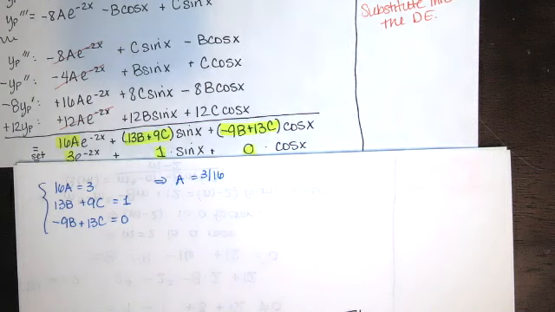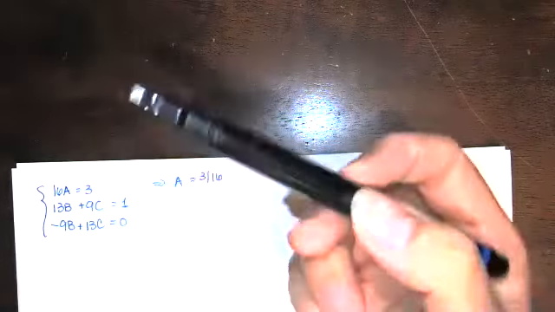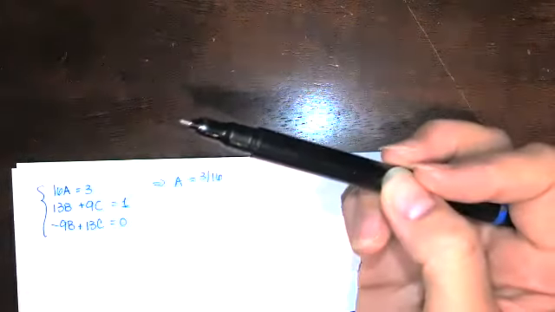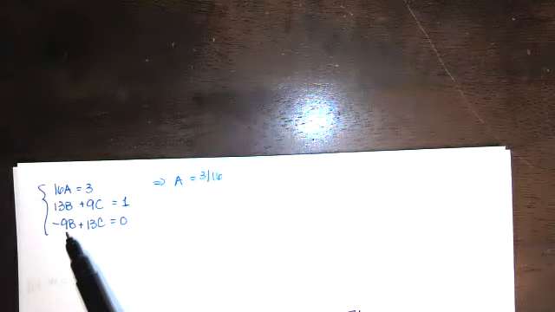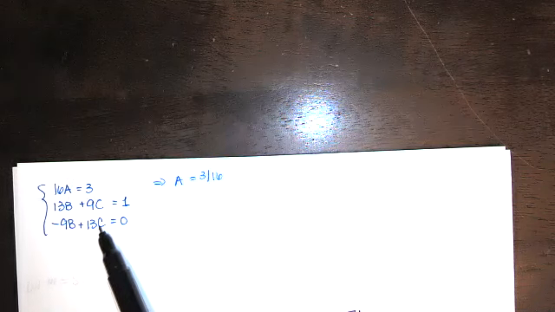Okay, and now we've got 2 equations and 2 unknowns, and you can get rid of the variables in whichever way you prefer. There's not one of them that's easier to get rid of. I've got 13b and -9b, or 9c and 13c. So we're kind of out of luck there.